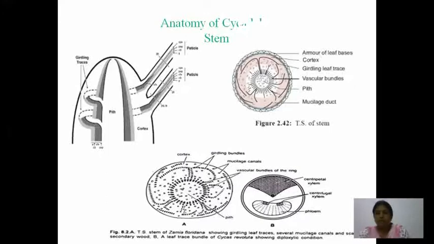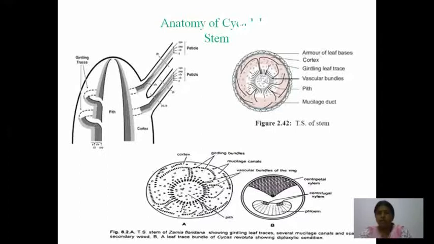Here you see the secondary growth is present in a single ring. This is known as the single ring of secondary growth, which is due to the single cambial ring present in the vascular bundle.